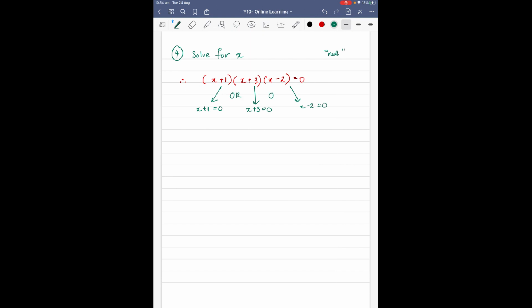Just remember, they can have 'or' in between. So x equals minus 1, x equals minus 3, x equals 2. Therefore, to conclude your answer, x can be minus 1 or minus 3 or 2. Thank you guys. That's it for today.